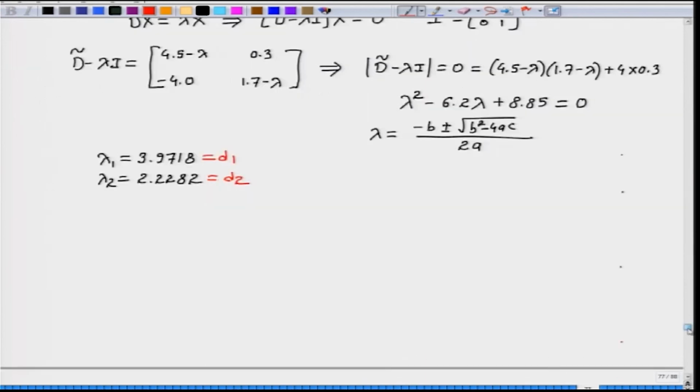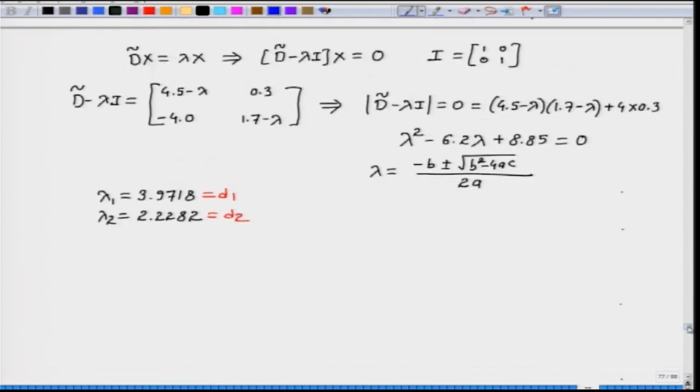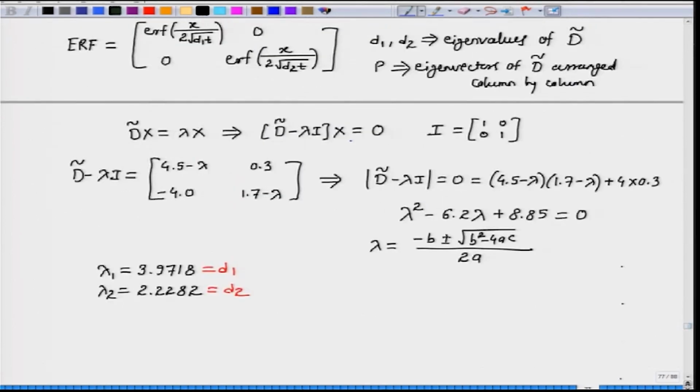Now, we need to find the eigenvectors. To find the eigenvectors, we substitute each value of lambda one by one back into the equation (d tilde minus lambda I) x equal to 0.